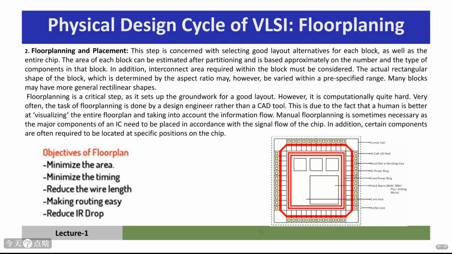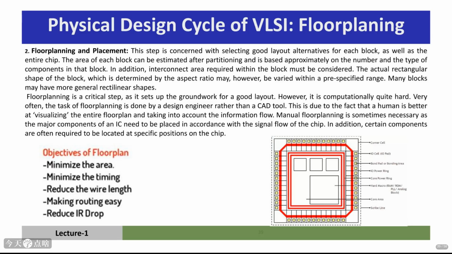Floor planning is about deciding the overall shape and arrangement of the chip and its major blocks. We estimate the area needed for each block and consider the interconnect area within the block. The shape of the block, its aspect ratio, can be adjusted. Floor planning is super critical because it sets the stage for everything else. However, it's computationally hard. So often, experienced engineers do it manually, visualizing the flow of information.